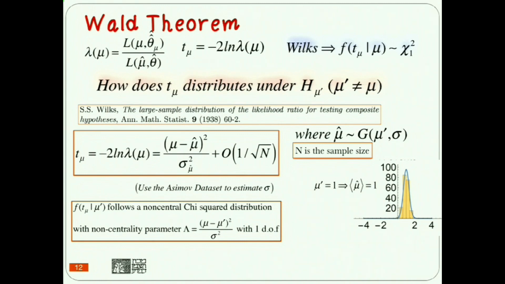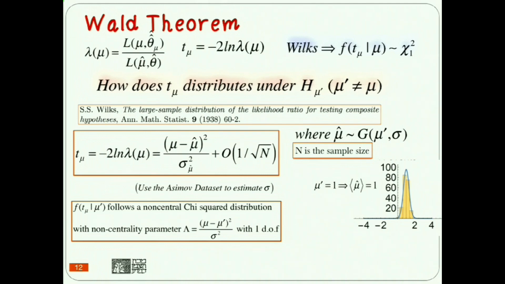Wilks tells us that the PDF of t_mu is chi-square with 1 degree of freedom, which is fine. The problem is, how does t_mu distribute under another hypothesis? Because we want to know what is the distribution of t_mu under the signal hypothesis when we test the background hypothesis. This is the thing we want to know. And if we generate Monte Carlo, it might take us days, weeks, months, and years.